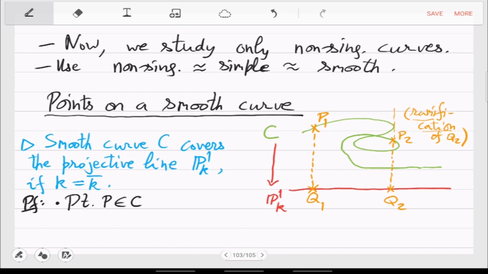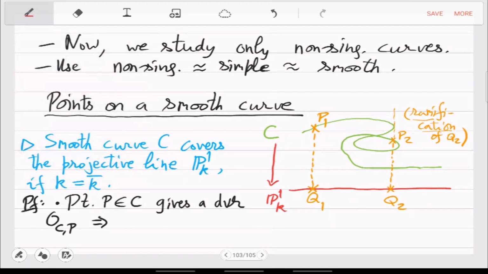So we set up that mapping. So point P has a DVR, O of C,P, and in fact I can just assume the setting here.